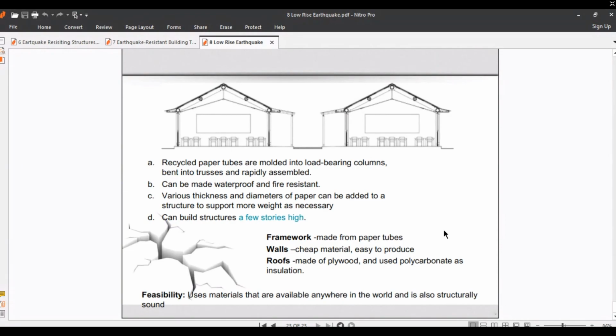For more information, you can use some recycled material to build structures as homework.